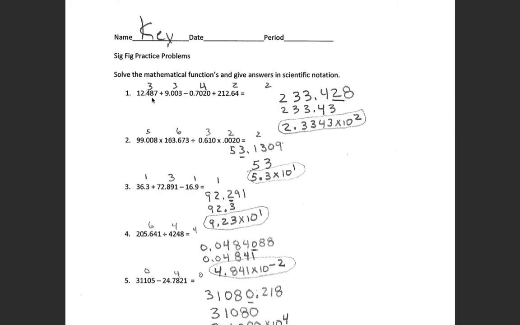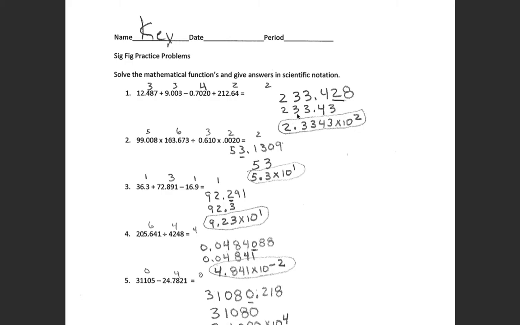When I put this into my Dollar Tree calculator, out came this number, 233.428. You can see I underlined right here. This is my last figure, right? This is my last significant figure. This 8 rounds that up to 3. So there's my number.